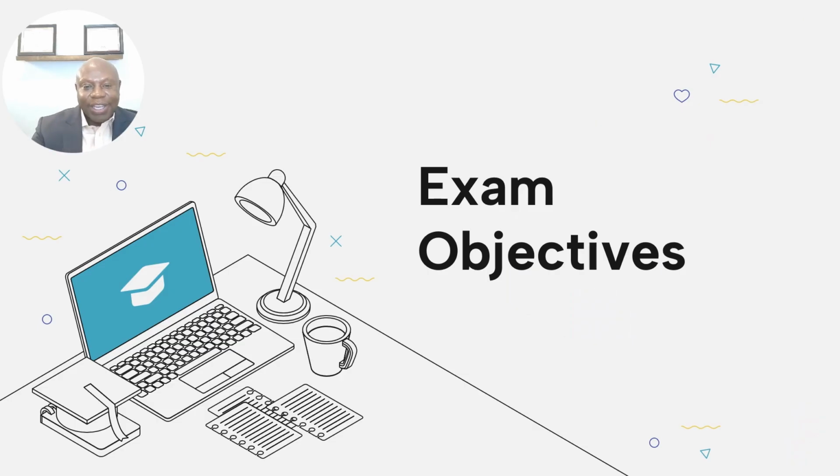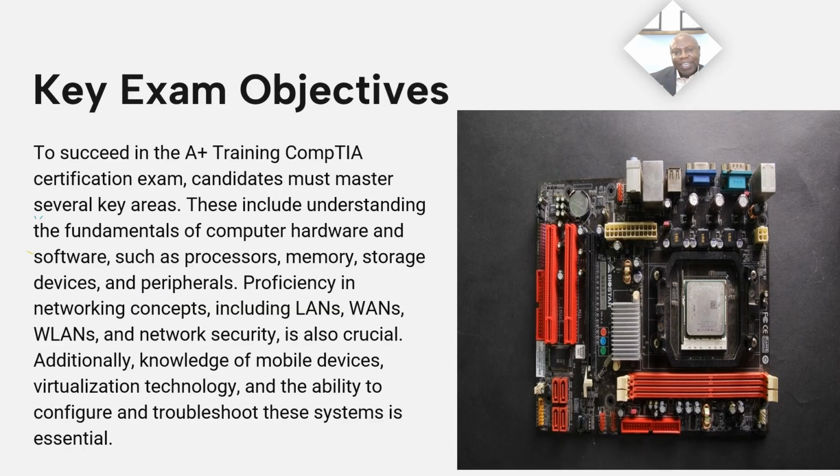So let's talk about the exam objectives. To succeed in the A+ Training CompTIA certification exam, you must master several key areas. These include understanding the fundamentals of computer hardware and software, such as processors, memory, storage, devices, and peripherals.